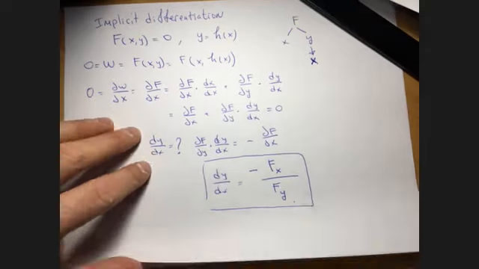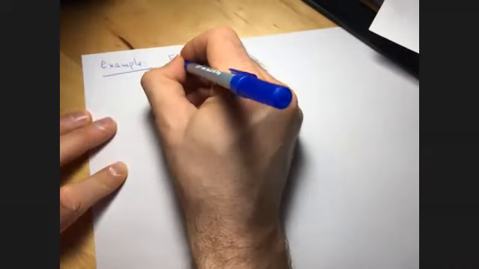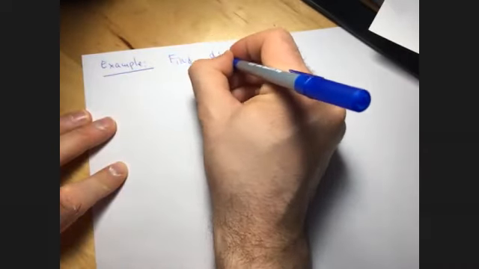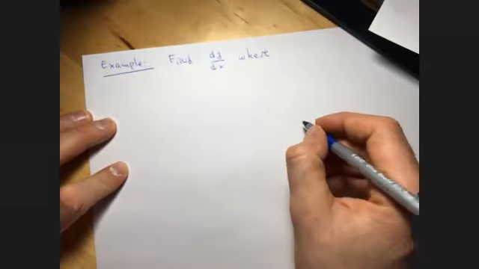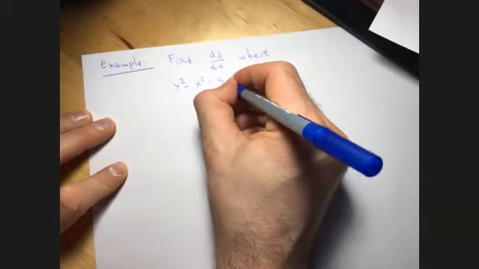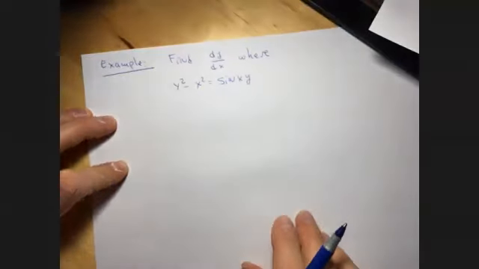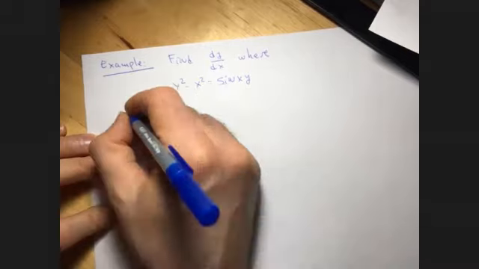Okay, so let's do an example. Find dy dx where x squared, sorry, y squared minus x squared is equal to sine of xy. Okay. Well, first I have to define this function in two variables w.